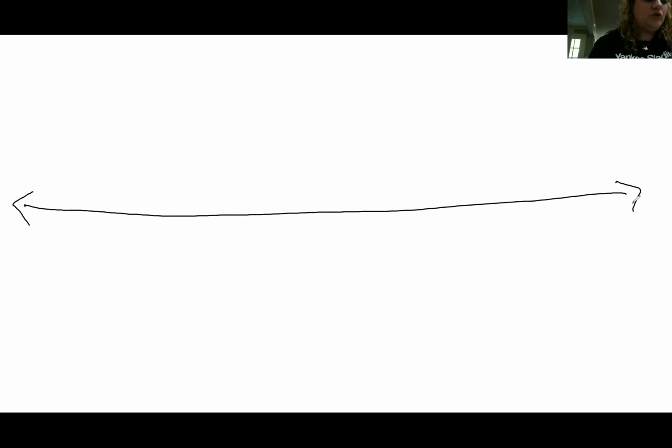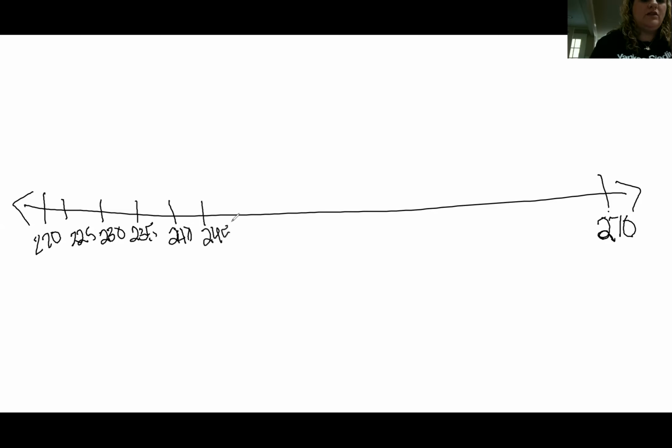So they have 220, and then it goes up to 270. And then 225, 230, 235, 240, 245, 250.